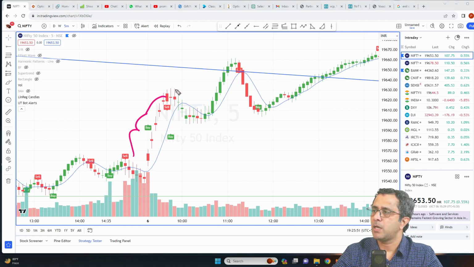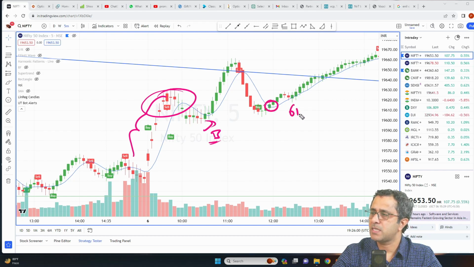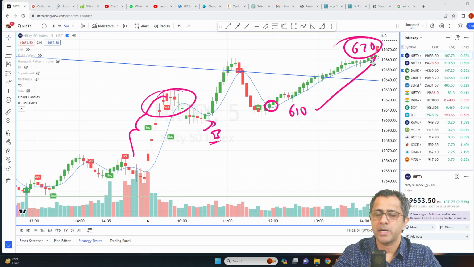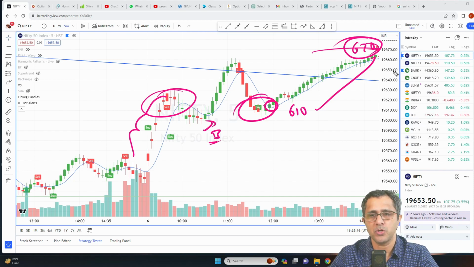Ideally, the market opens somewhere close to these levels only, and then this is where you get your buy. The actual buy came here and the actual buy came here. So from 610, you went till 670. So straight 60 points in Nifty, which is a very big move. And you will get a buy signal, you will get a sell signal. So accordingly, you can quit and take your positions also.